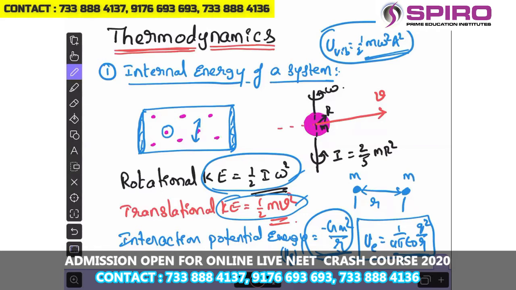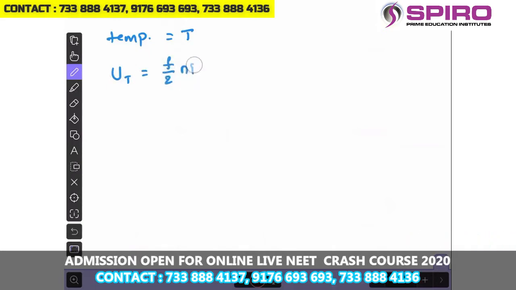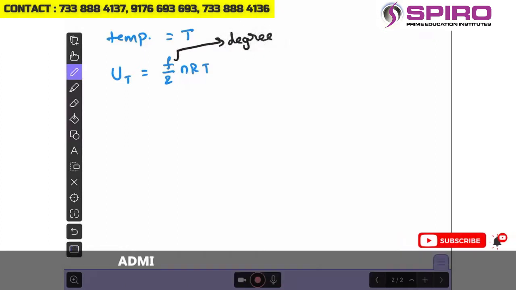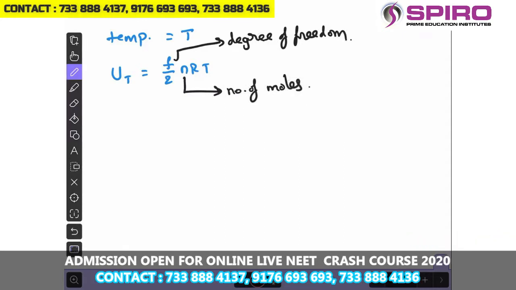Okay, if I take the temperature of the body at any instant to be T, then the energy at temperature T is given by f by 2 n R T, where f is the degree of freedom, n is the number of moles, R is the universal constant, and T is the temperature.